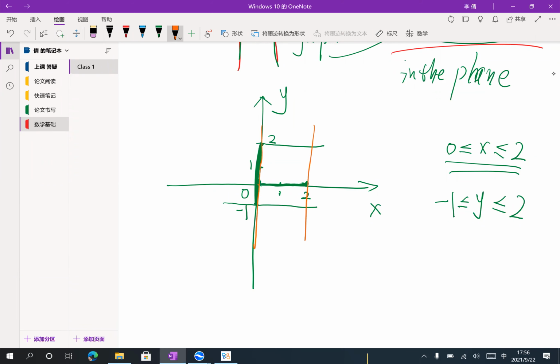So between this and between this will be the graph for this inequality. Okay?